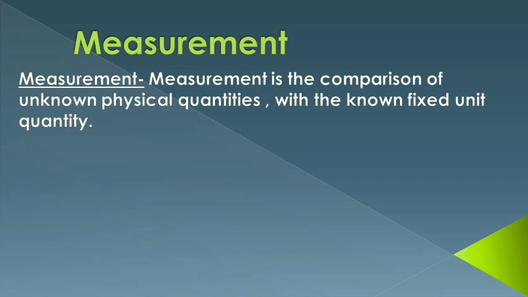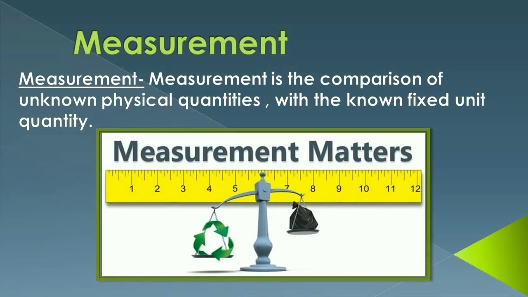For example, suppose we want to measure the length of a rod. We have to take a meter scale to find its length. Suppose the length of that rod is 3 meter. Similarly, suppose we have to find the mass of a body and the mass is 2 kilogram. That means the unit of mass is kilogram and this unit is contained 2 times in the mass of the given body.